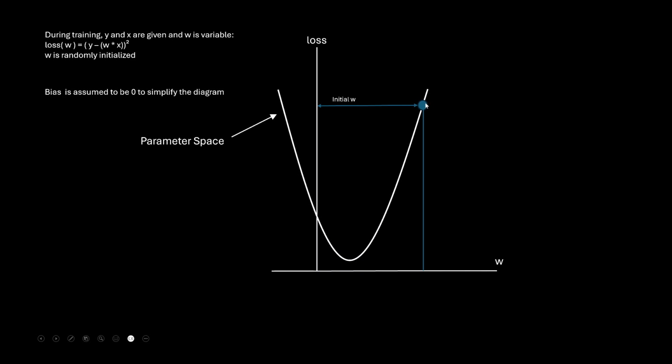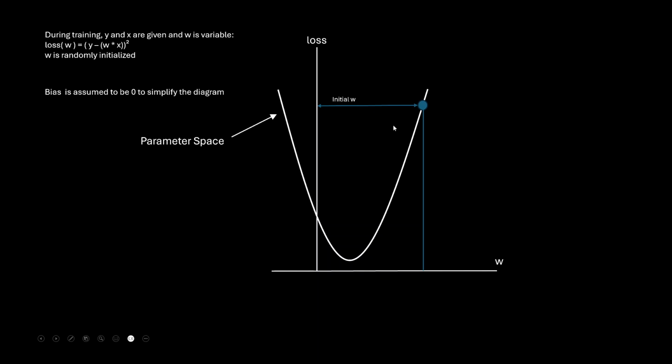Now, the loss function is at minimum at this point right here, right? And the loss function is higher, or is increasing, as W is increasing or as W is decreasing this way. But at this point, we really want to get the loss as close to this point as possible.